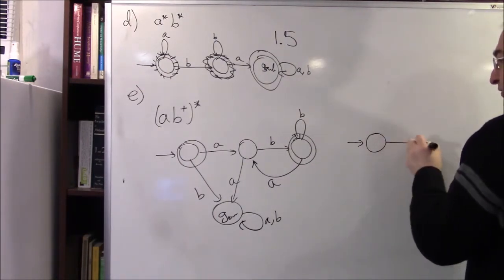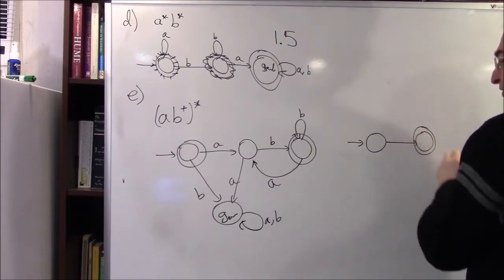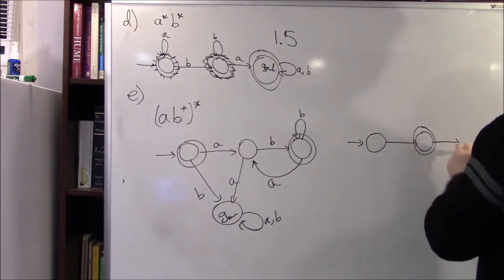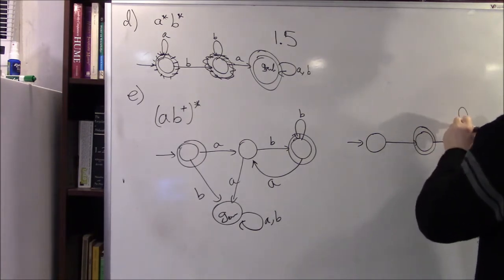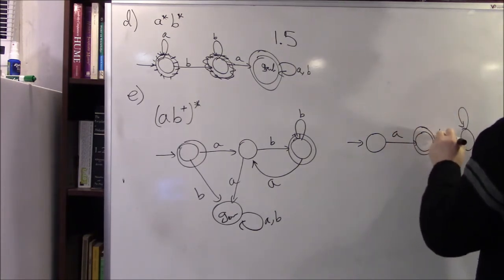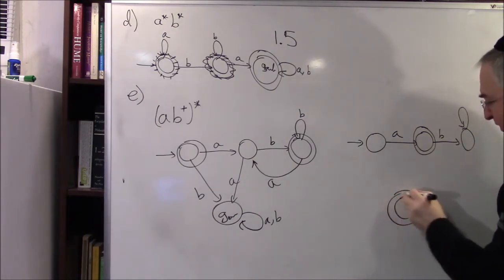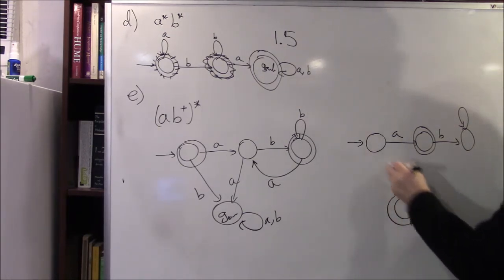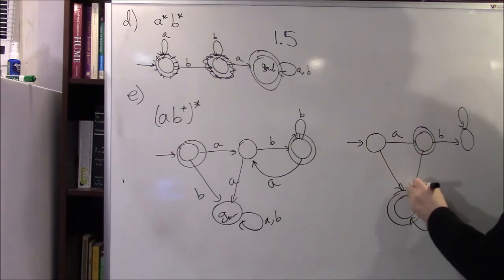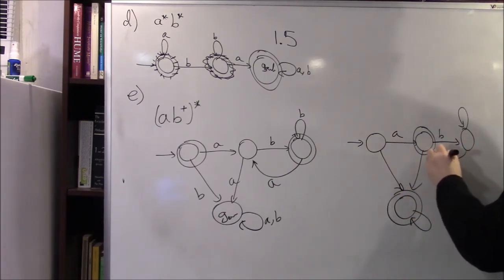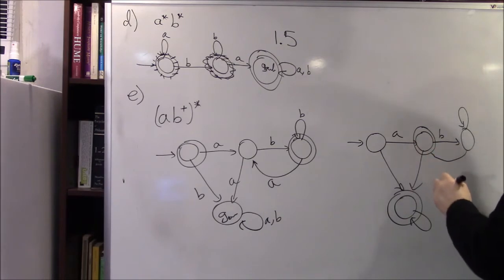Rewrite it as follows. This is accepted. This is not accepted. Okay, this is an A, this is a B. And the garbage now becomes the accepting state. Just rewrote the same thing. Right.